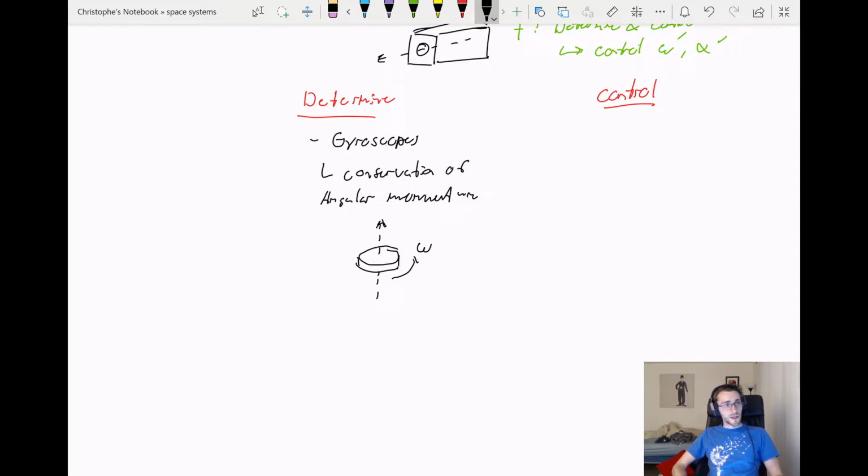So unless I do something to change the rotation of this disk, whether that be changing the direction of its axial rotation by slapping it on the side and changing its orientation, or speeding it up by giving it another good spin and increasing the magnitude of its angular velocity, it's going to stay in the same direction unless I do something to change that. That's pretty much the conservation of angular momentum.